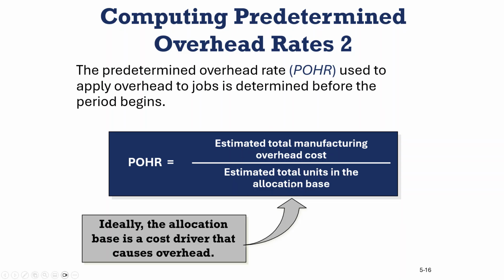Then we divide that by how many hours we estimate to complete the 20 jobs. That will be the total hours that you estimate for that year. You divide by that, and that will be your predetermined overhead rate, say X amount per direct labor hour.